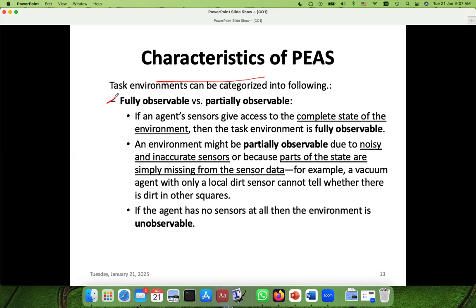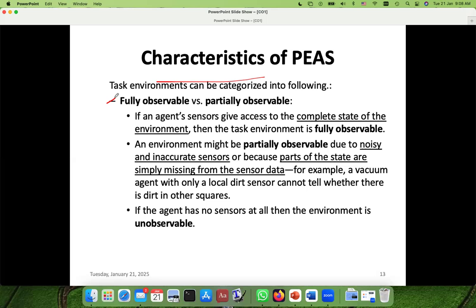Fully observable, shortly, when your agent can observe each and everything available in the environment through sensors, that is called fully observable.